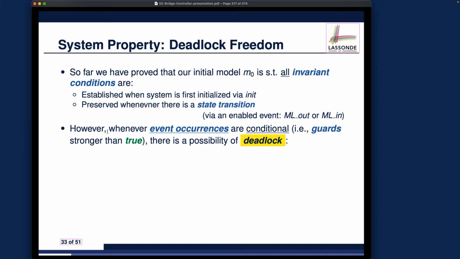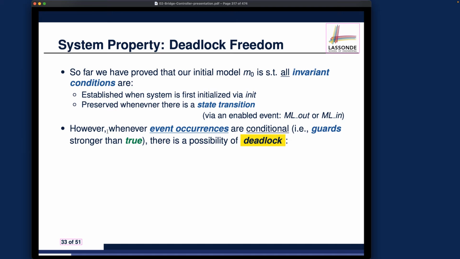However, as soon as you introduce some guards into your events, there is a possibility that you might run into deadlock. So that's something you definitely want to make sure about. On the one hand, you know that having the events totally unconditional without any guards is not a good sign, as we said before, because you might violate the invariance at some point.